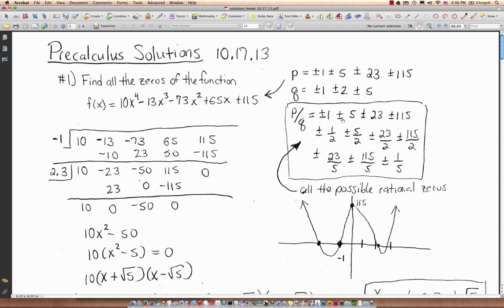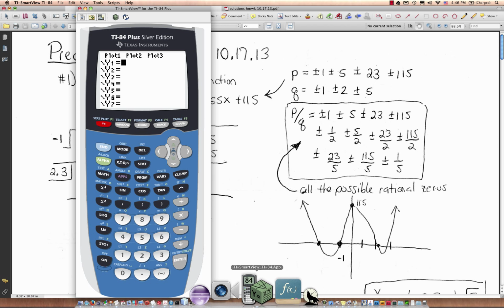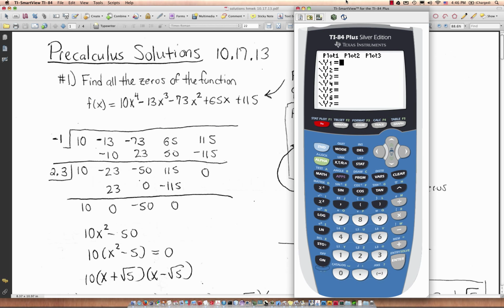Then what you do after that is you go to your calculator. And that's what I'm going to do now. I'm going to open up my calculator program, and I'm going to enter my function.